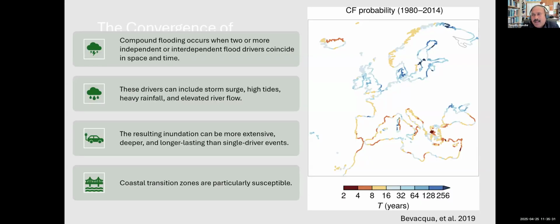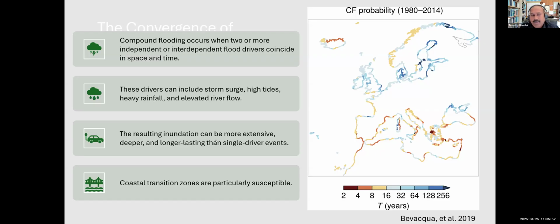Compound flooding is primarily associated with two or more independent or interdependent events which coincide either in space or time. These can be drivers from storm surges, high tides, heavy rainfall, elevated river flows, or coastal tidal influences.